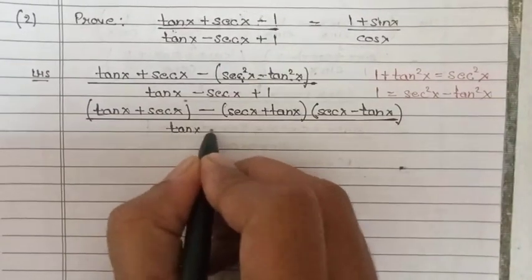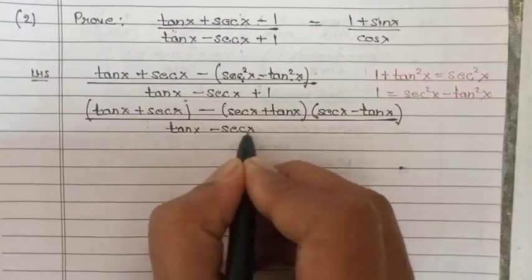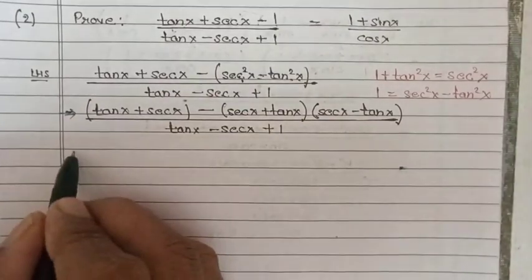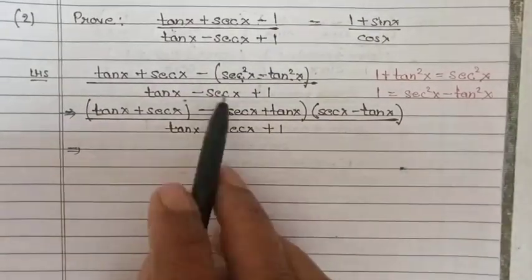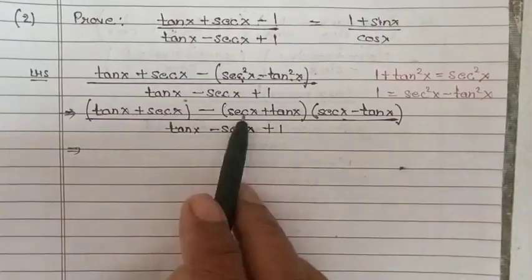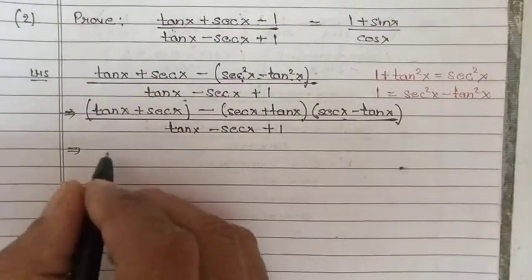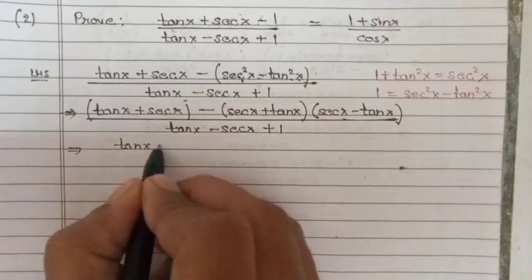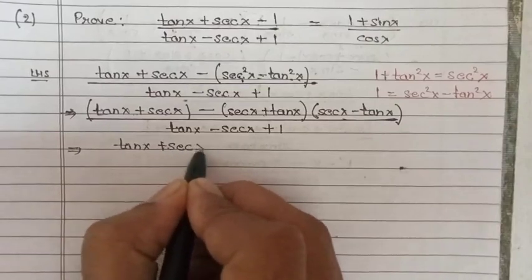That is tan x minus sec x plus 1. Okay, now in the numerator place we will take tan plus sec as common. So I am taking tan x plus sec x common.